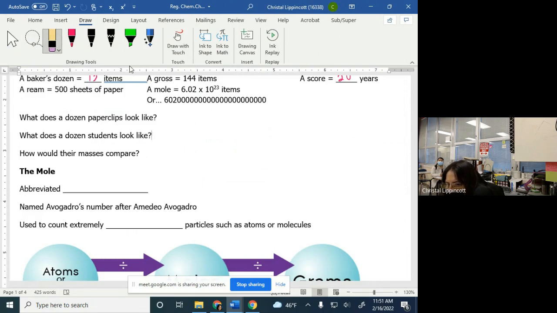We abbreviate mole as mol. Sometimes you will see it with the lowercase n as an abbreviation. They are used to count extremely small particles.